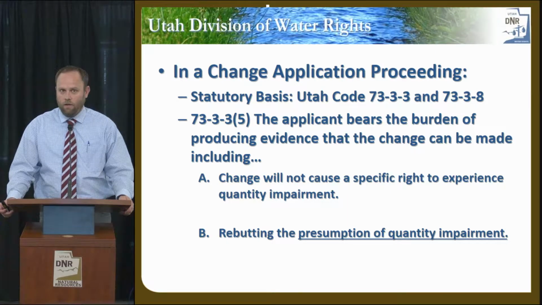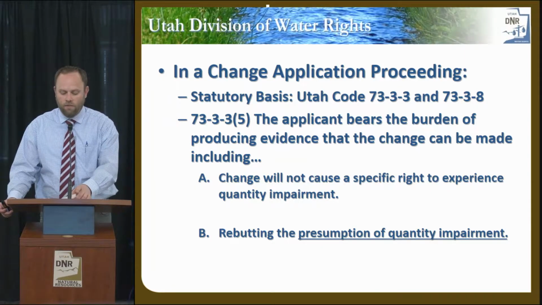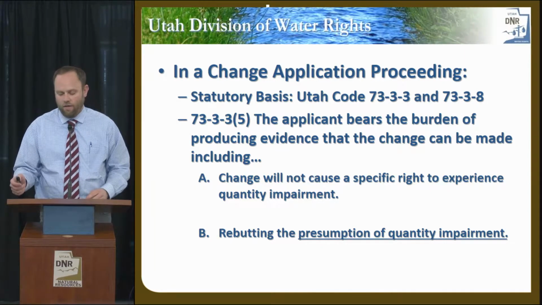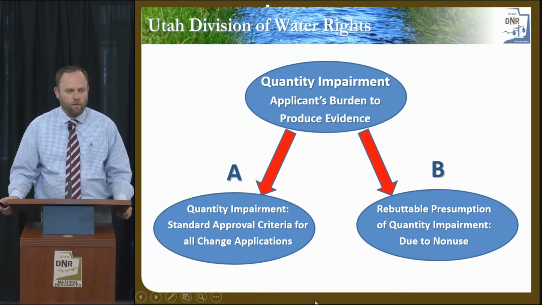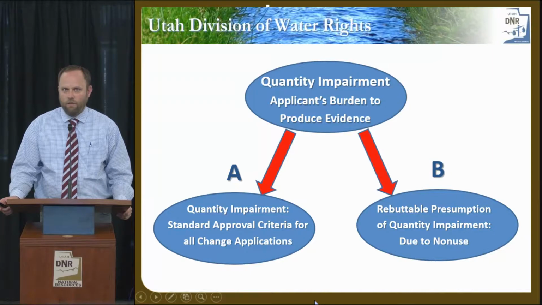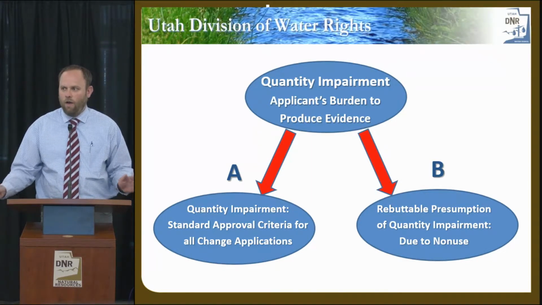So now that presumption is rebuttable, all right? And we'll talk about how that can be rebutted in a minute. But before we go any deeper, it's important to understand that we have a bit of a divergence here, okay? We have quantity impairment, which is fundamental, which we had that fundamental definition, okay? And now the applicant has a burden to produce evidence to explain away either one of them.